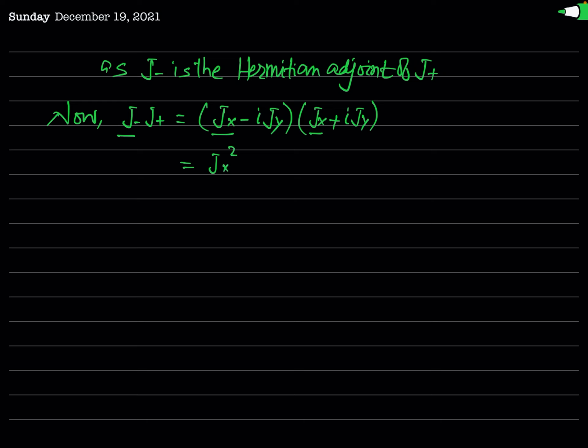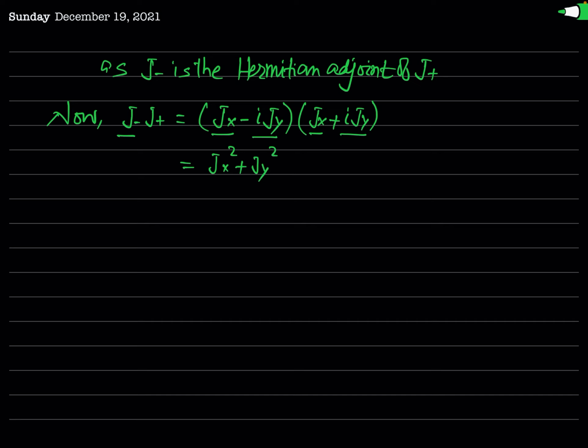And minus i Jy times i Jy is minus i square Jy square, but i square is minus 1, so minus minus becomes plus, simply plus Jy square.